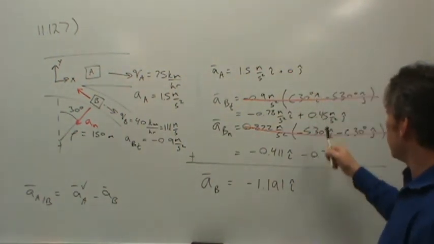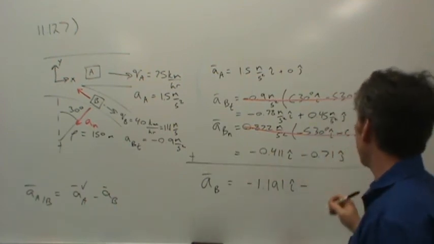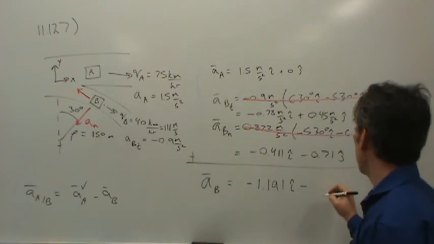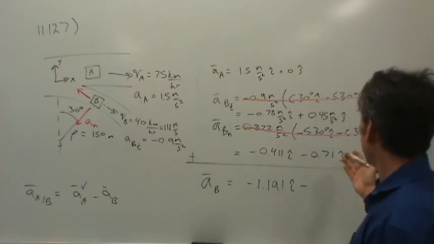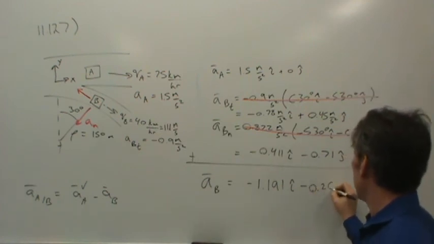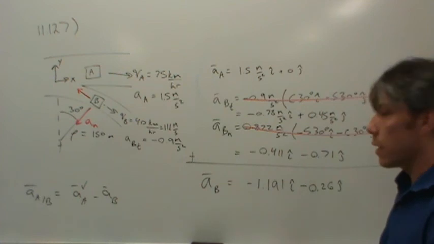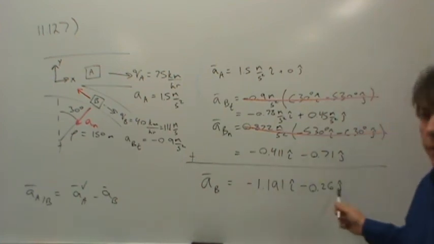And then in the j direction, I just need to take 0.45 from 0.71. That should be straightforward. 5 is 50, 5 is 21, and 5 is 26, so 0.26j. Did I get that right? Okay. So there's the total acceleration of b.